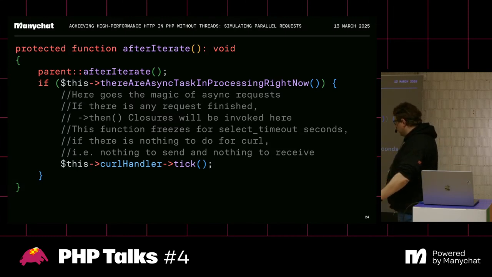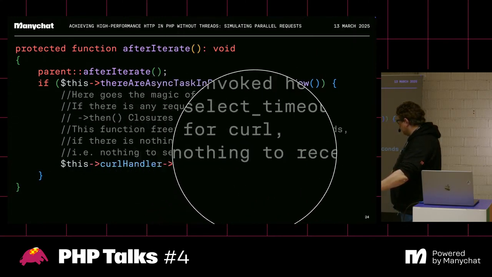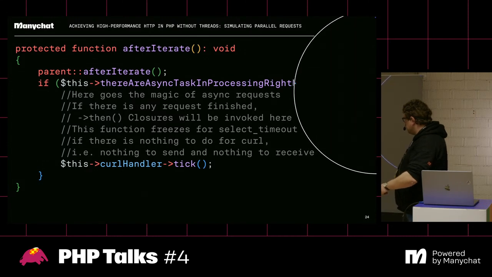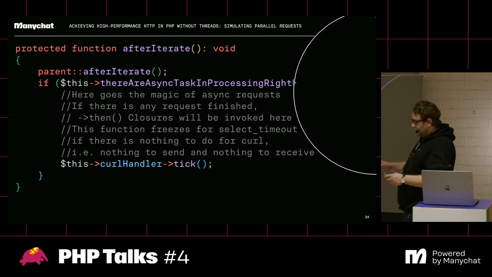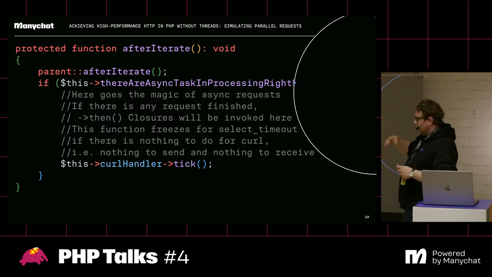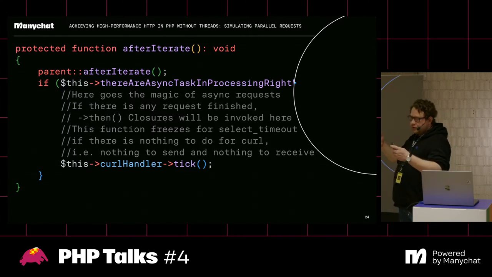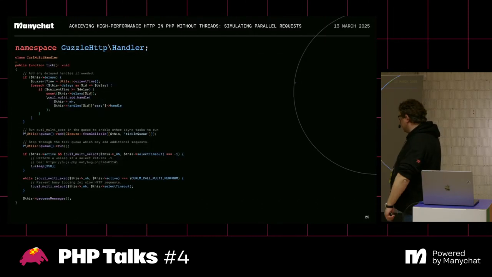We call Guzzle's native function tick. This function basically makes the requests if there are new requests in the queue, then checks all its handlers if there are any responses and gets the responses. If they get the whole body of the response, it calls the closures that we provided earlier, either success or fail.